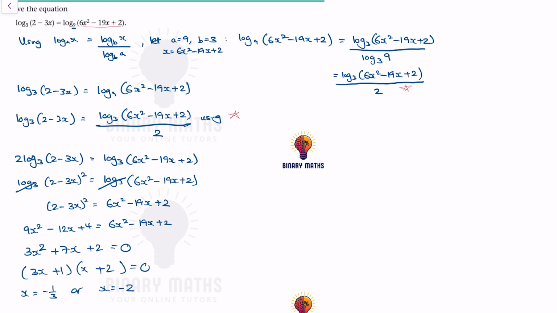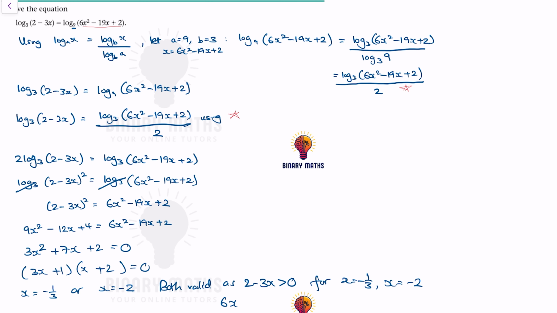2 minus 3x is always positive for negative numbers, so that is valid. And 6x squared minus 19x plus 2 will also be greater than 0 for both these values. So both are valid, as 2 minus 3x is going to be greater than 0 for x equal to negative third and x equal to minus 2, because if you substitute in, you get a positive number.